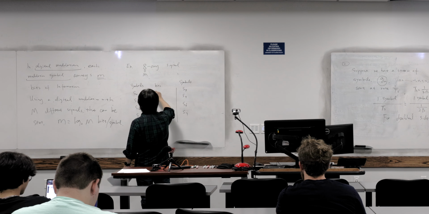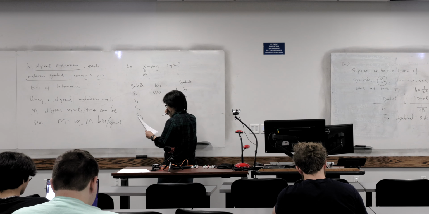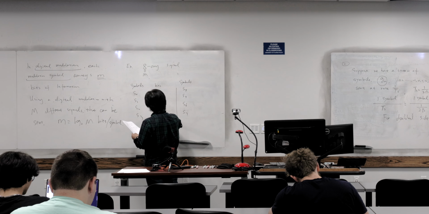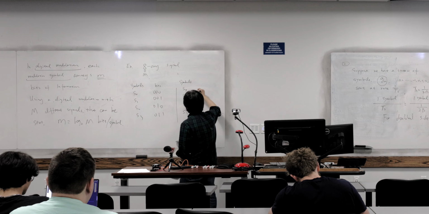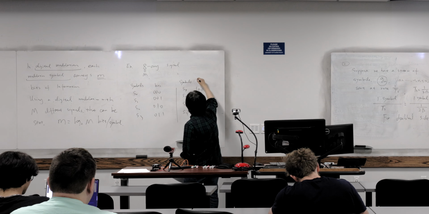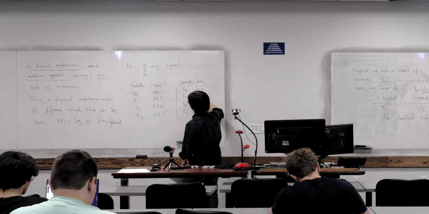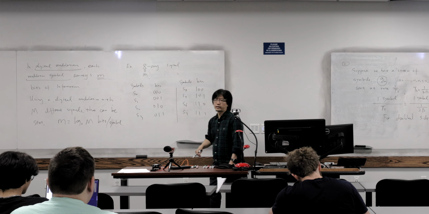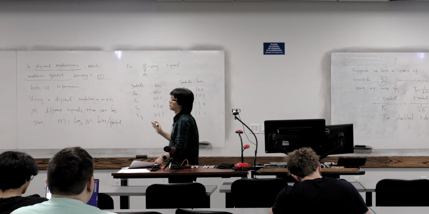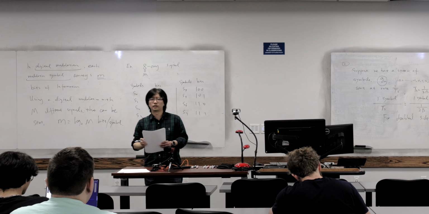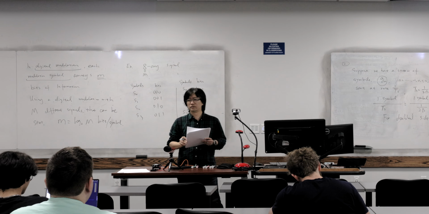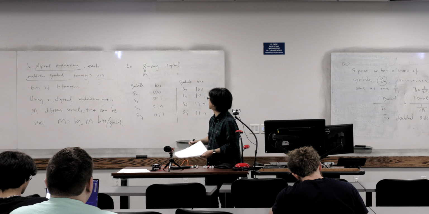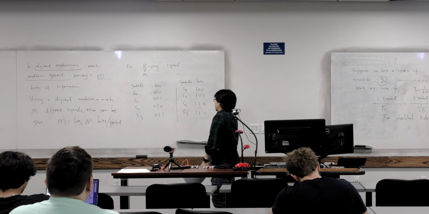We can use 000 to represent S0, then 001, 010, 011, then 100, 101, 110, and 111. So basically every symbol will carry 3 bits of information.